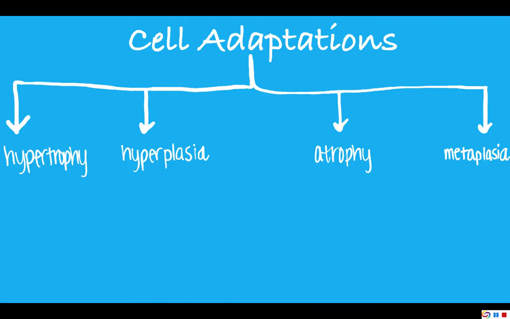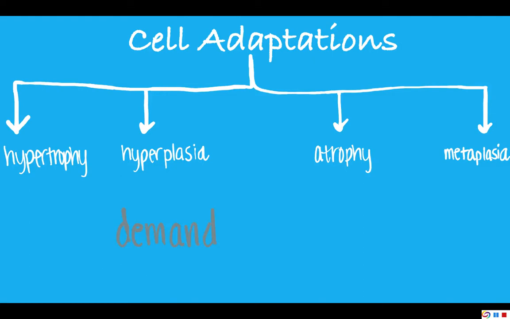Now, keep in mind that you should always be learning by making associations with things. So what do these have in common? Well, all of these are going to be in response to some sort of stress, right? That's the whole point of this chapter and this lecture. But a couple of these have to do with the demand placed on that tissue, right?